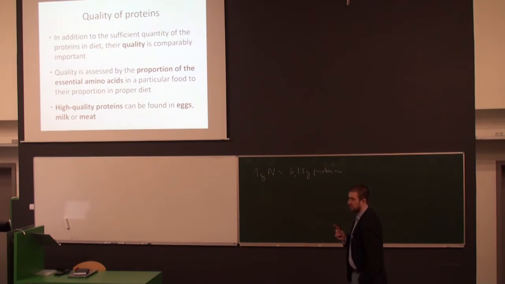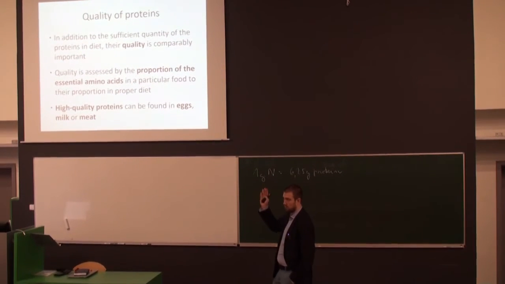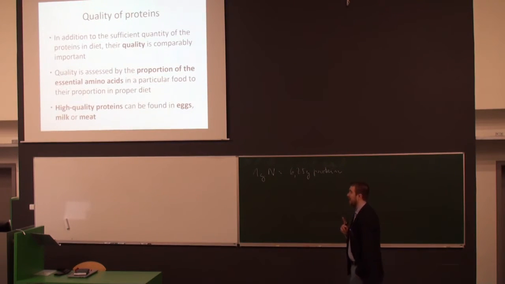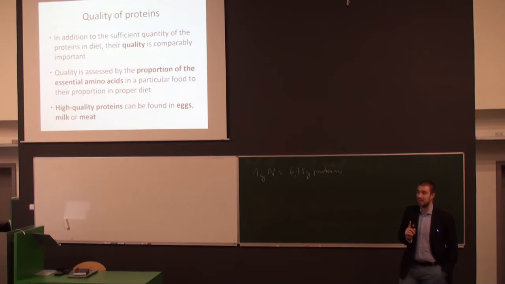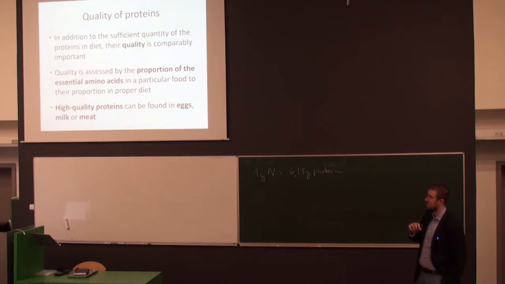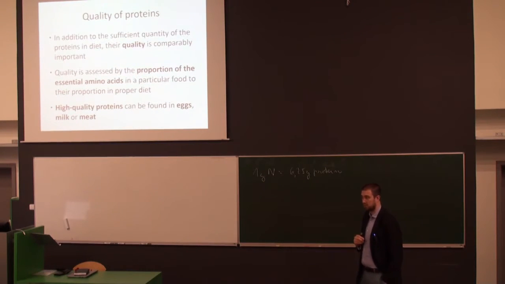We are not interested in proteins only about the quantity. Till now, we spoke about the quantity. What is also important is the quality of protein. And the quality of protein is, per definition, the proportion of the essential amino acids inside each respective protein.